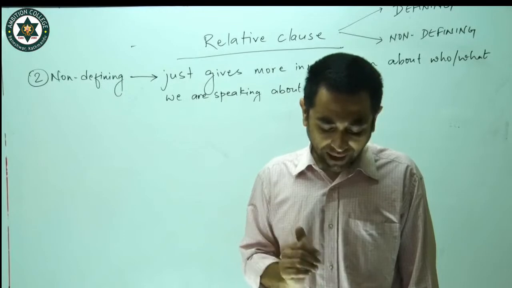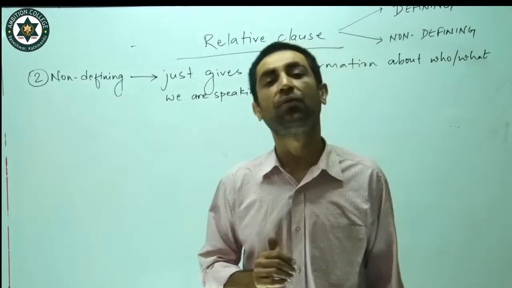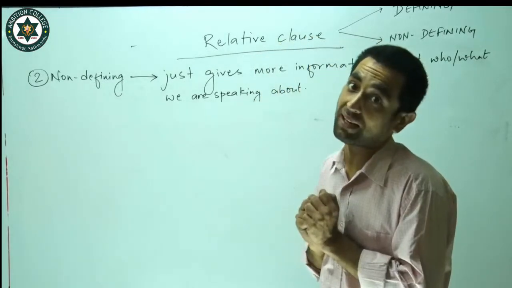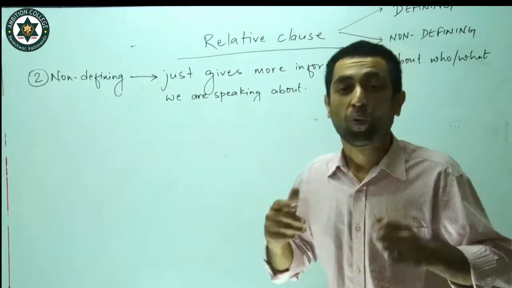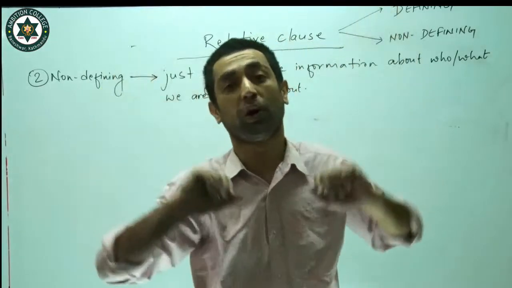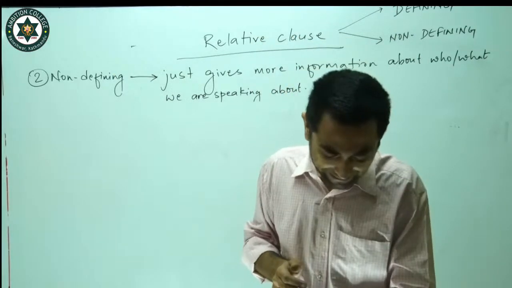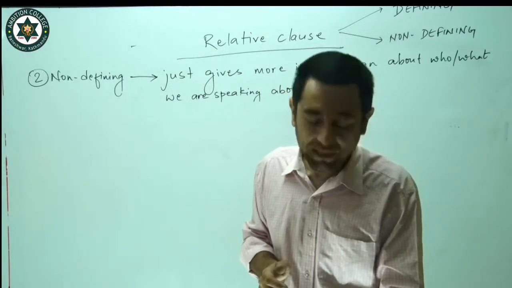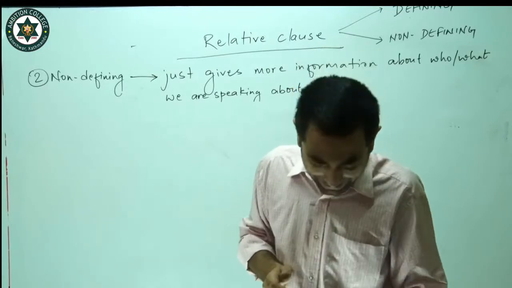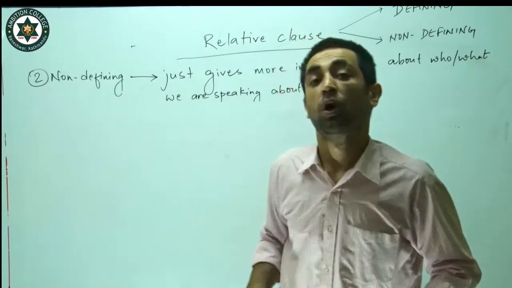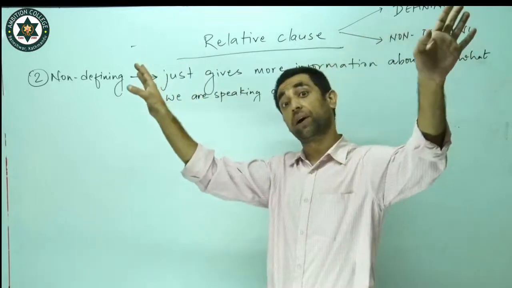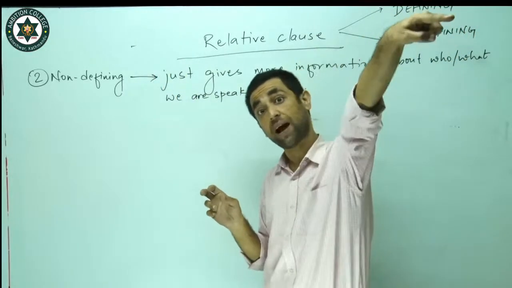I caught a sight of Alan, whom I hadn't seen for years. I caught a sight of Alan, who is a tall boy. Now I am giving the defining. What he is saying is, I caught the sight of Alan, whom I hadn't seen for years. See, whom is talking about Alan.